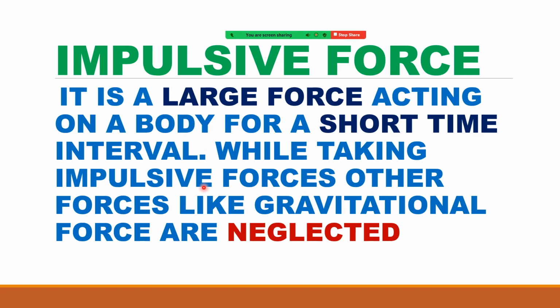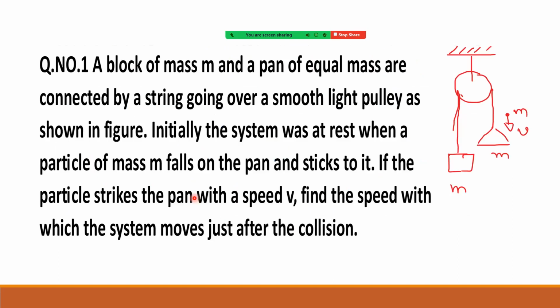Let us see a problem. A block of mass m and a pan of equal mass are connected by a string going over a smooth light pulley as shown in the figure. This is a block, mass is m, this is a pan, its mass also m. These two are connected by a string going over a smooth light pulley.